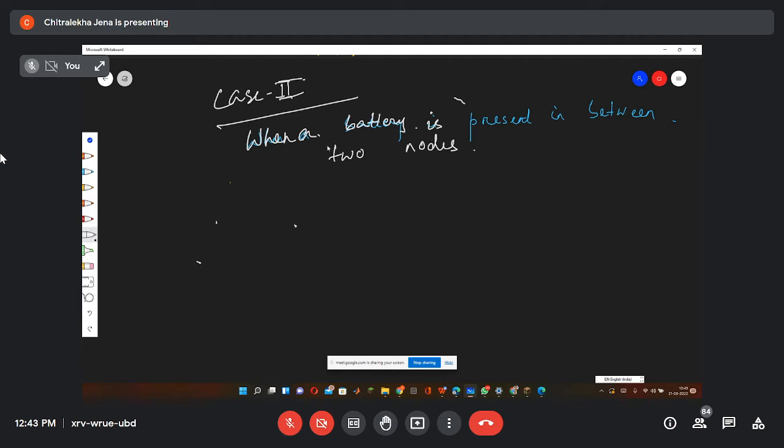So here, the second case is when a battery source is present in between two nodes. Suppose the same circuit, I will put a battery source in between two nodes. Same circuit, but I have inserted a battery between node 1 and node 2.